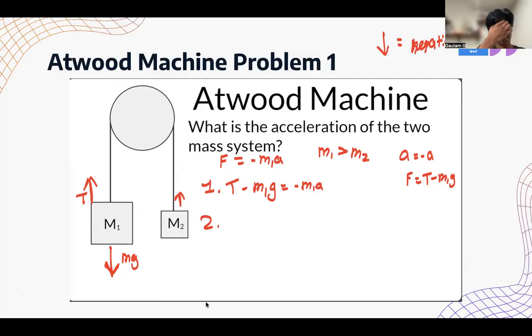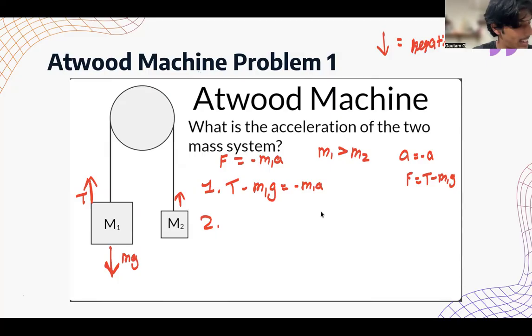That's why we have a negative mass one times g, because gravity is acting downward. Oh, you just said that in chat, Sunshine. Yeah, that's why we're doing minus mass one times gravity, because gravity is acting downwards.